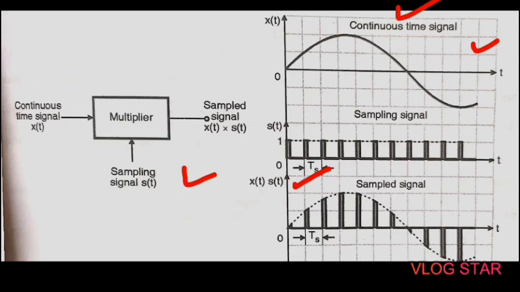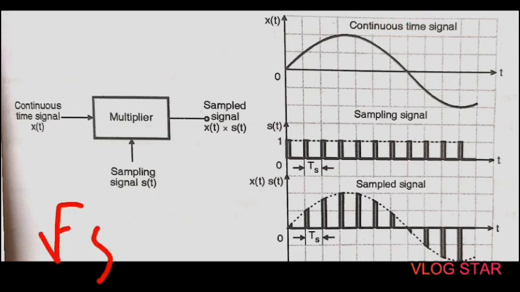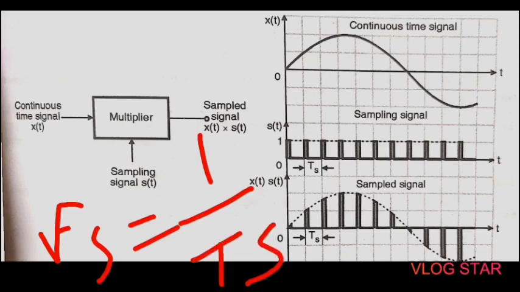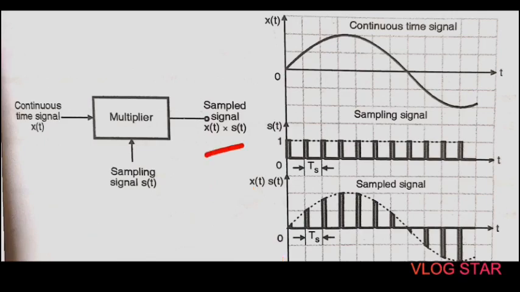The time Ts is called the sampling time, and the sampling frequency is given by fs equal to 1 upon Ts. As we know, frequency is the reciprocal of time period, or time is the reciprocal of frequency. The output of the multiplier is the product of x of t and s of t, and it is known as the sampled version of x of t.